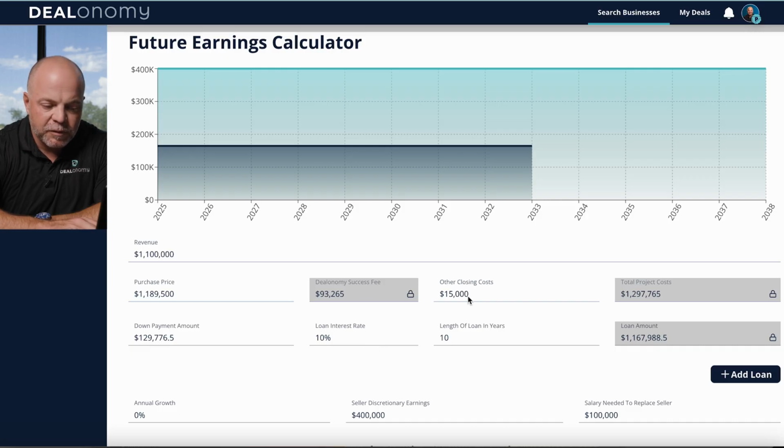And then you also have other closing costs like legal fees or quality of earnings fees. You can play with that number here. You can change your interest rate. You can change your length of loan. And then that gives you your purchase price plus your fees, which tells you your total project cost. And then the loan amount here is basically the total project cost minus your down payment.